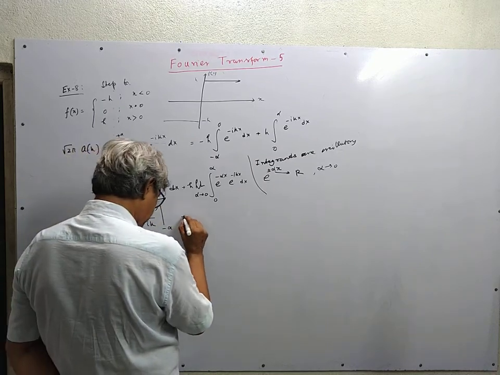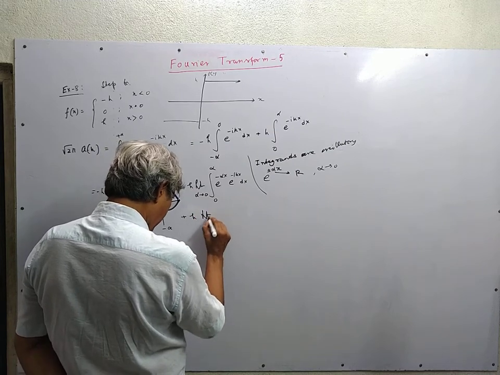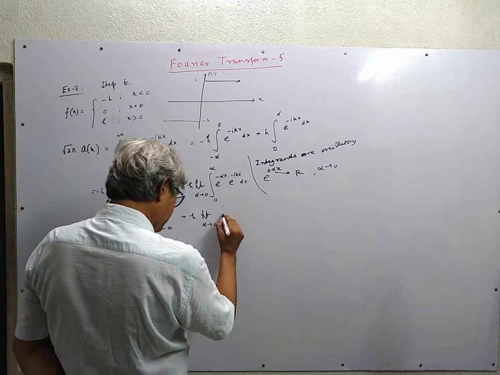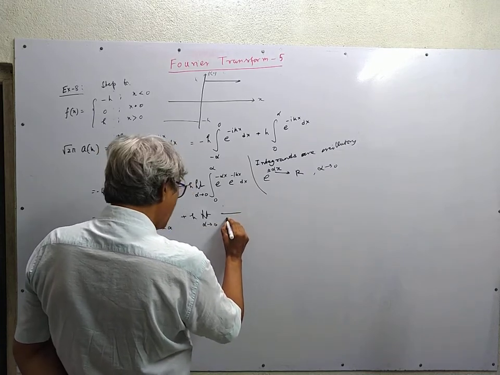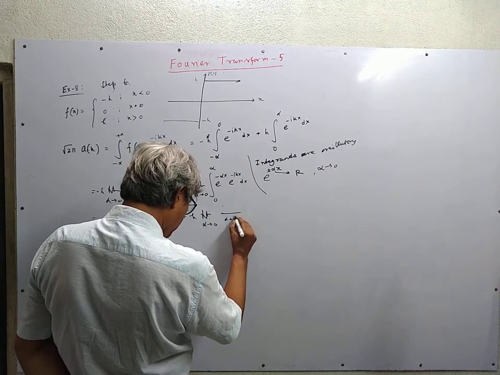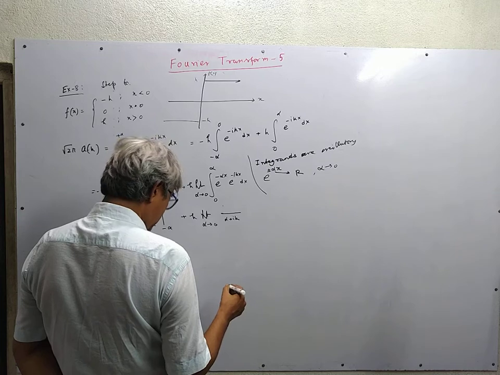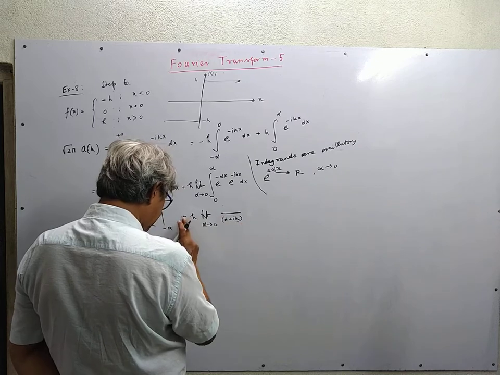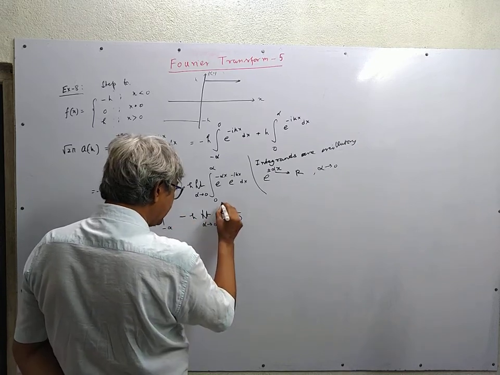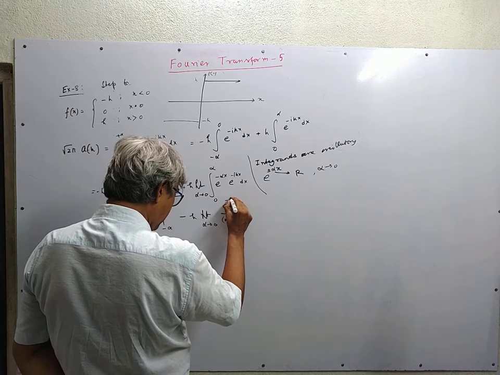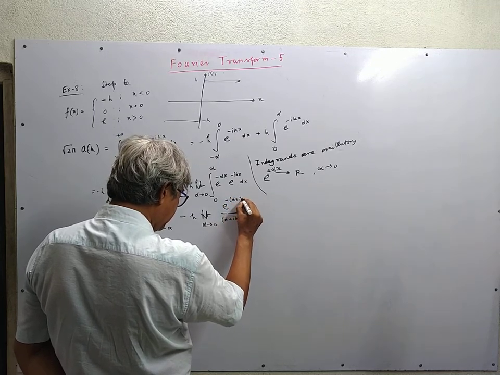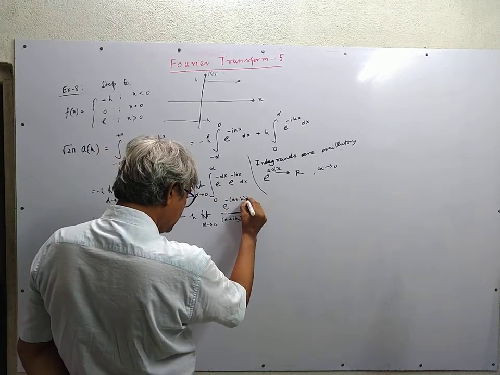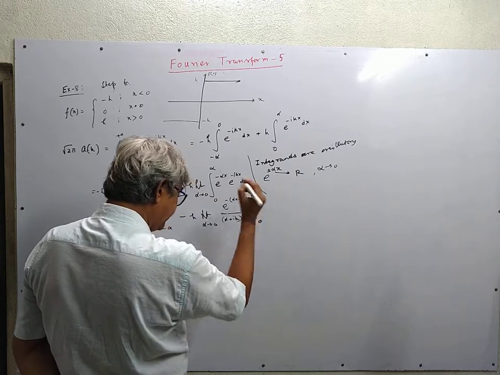And for the second case we write h limit alpha tends to 0, with alpha plus i k in the denominator, and this is a minus sign, so we put it minus, and in the numerator it is e to the power minus alpha plus i k times x, 0 to infinity.